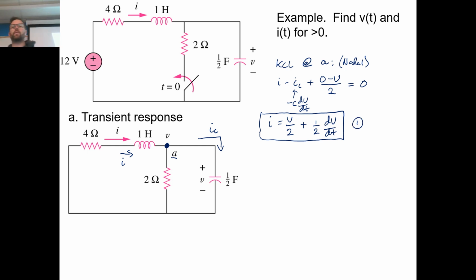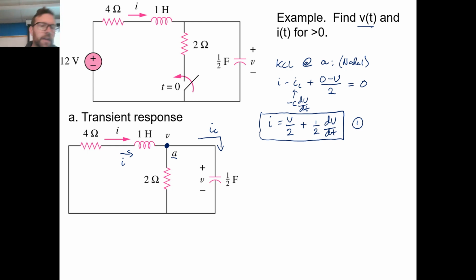Notice that if we find the voltage V of t, equation 1 gives us a formula to find the current through the inductor, so we'll use that fact later.